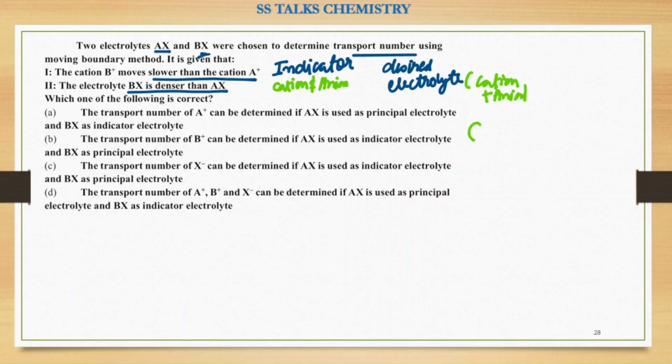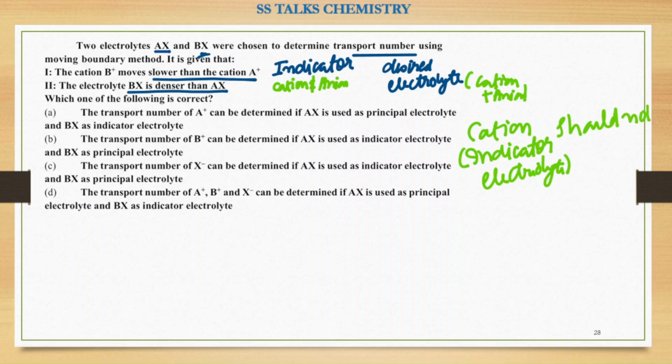The cation present in the indicator electrolyte should not move faster than the desired cation. This condition is required.